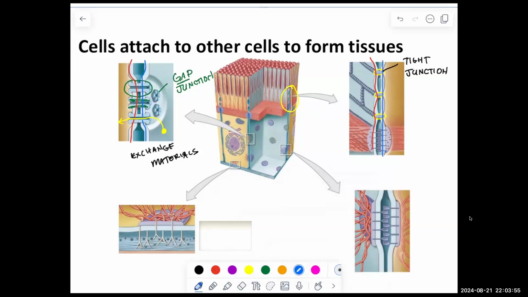This is a tight junction. No material is exchanged between these, but this one will hold the cells together and it fuses the membranes together. So the membranes are inseparable. If the cells are separated, they are torn at the tight membranes.